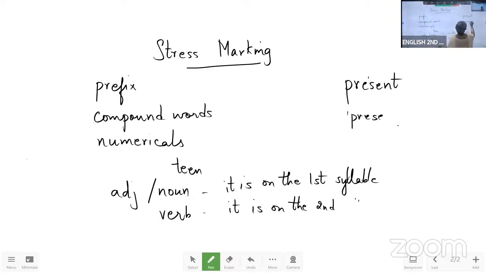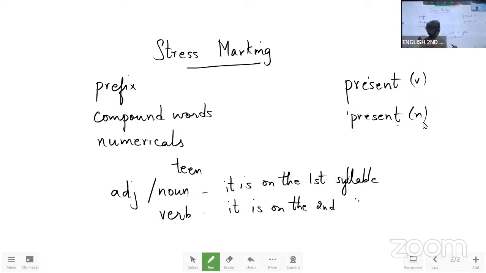So it is put on the first syllable. How would you know? They will mention in brackets. But so far in so many years, this came only once. So depend on prefix, compound words or numericals.